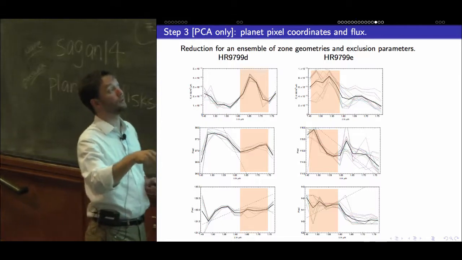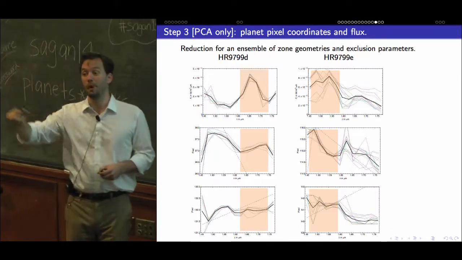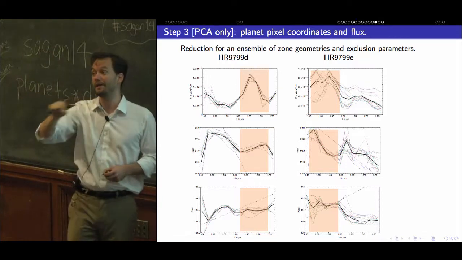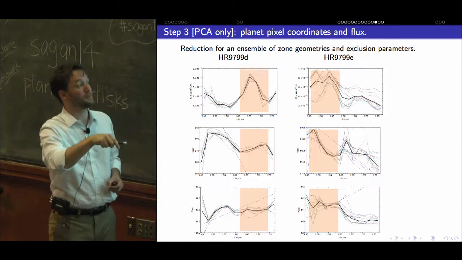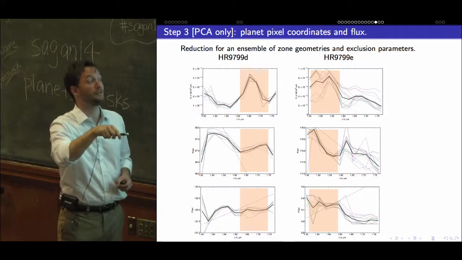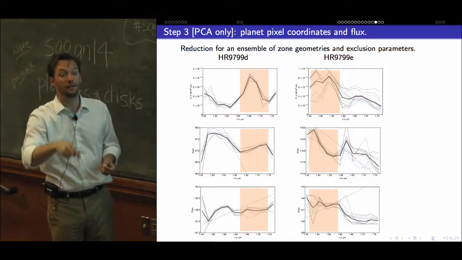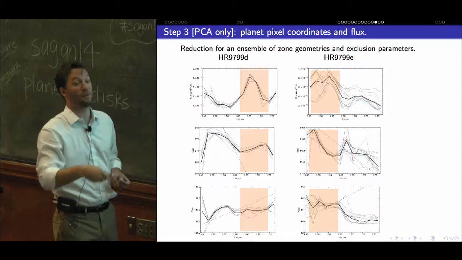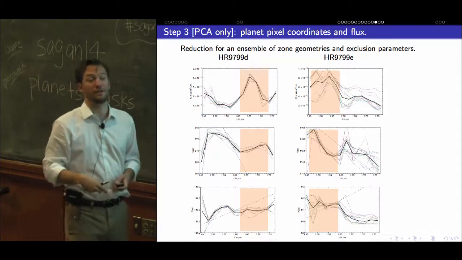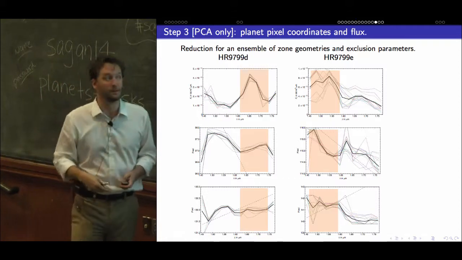What we've done for E, we've actually done the same analysis on a bunch of locations at the separation of the planet, and they all follow these lines perfectly. So they actually follow what a speckle should look like. This is the only one that doesn't follow these lines, and that happens to be the one where you would think HR8799E is. So we've assigned a low false alarm probability to this detection.